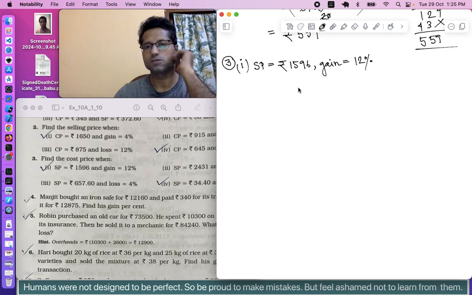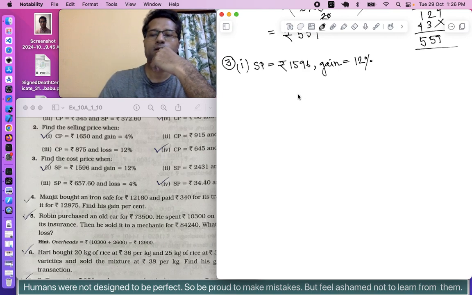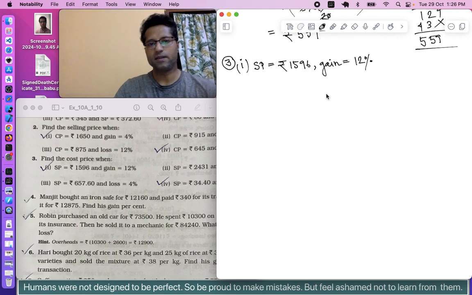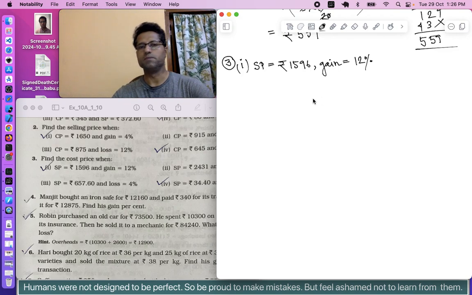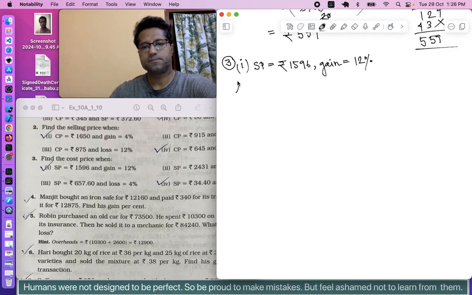We have to find the cost price. Now, gain and loss percent are always based on cost price. Always remember this.